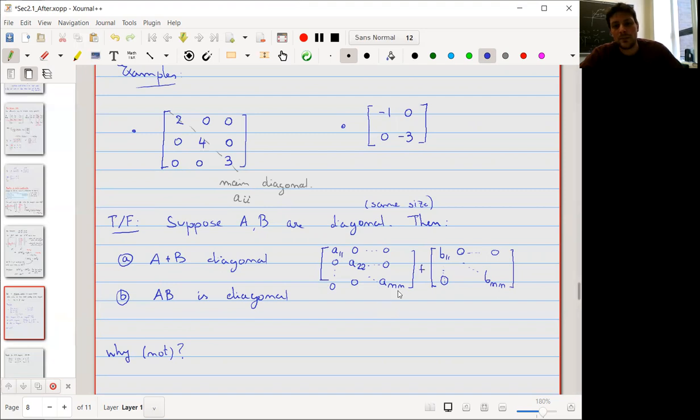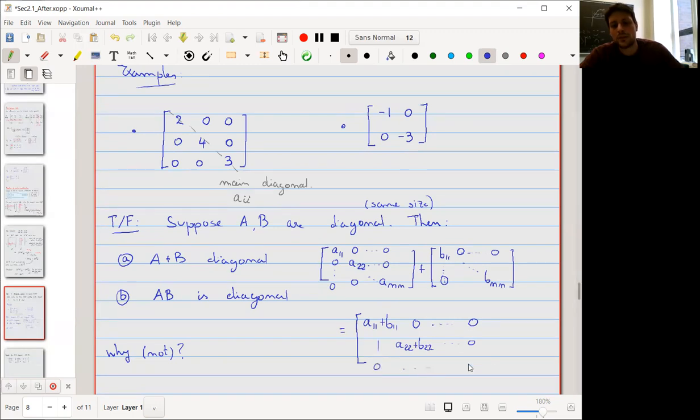Clearly, when I sum them, since summing them is keeping entries in the same place, I will get A11 plus B11, and then zeros everywhere else, A22 plus B22, and then zeros.